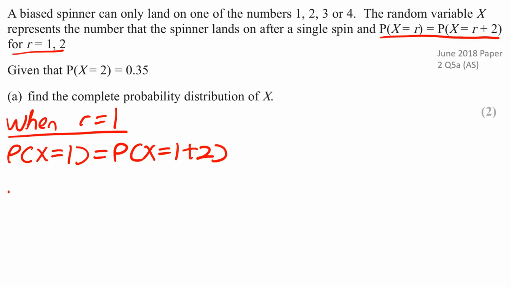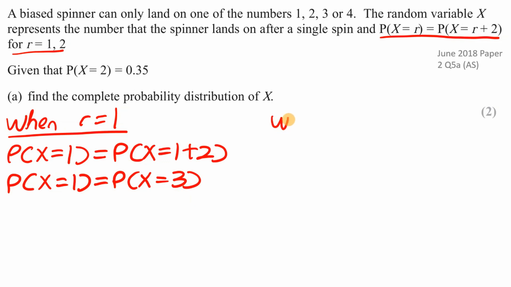Okay, so if we simplify this, the probability that X is equal to 1 is equal to the probability that X is equal to 1 plus 2, which is 3. So the probability that X is equal to 1 is equal to the probability that X is equal to 3. So what this means in the context of the question is the spinner, if we spin it, the probability of it landing on 1 is the same as the probability of it landing on 3.